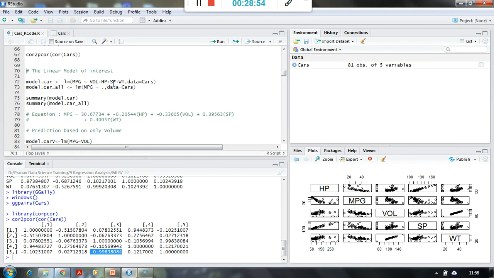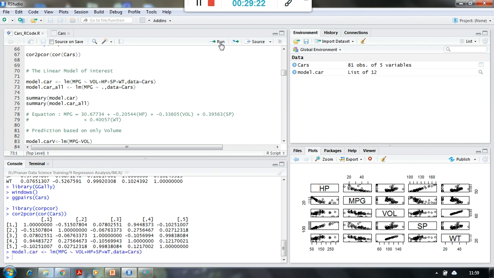But though it has been confirmed by the scatter plot and correlation matrix or correlation coefficient, I am still going ahead and building a model, which is a basic model, I would call it, wherein I am taking all the variables. So my Y variable MPG tilde volume, HP, SP, weight, all the variables, my data set cars, I am passing this to the lm function and building a model.